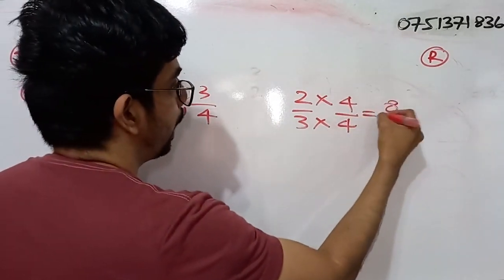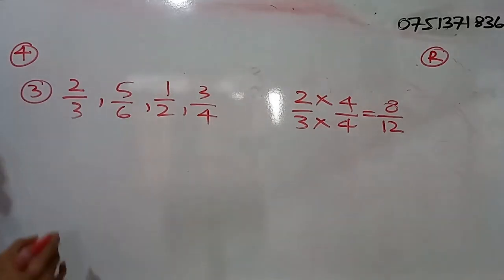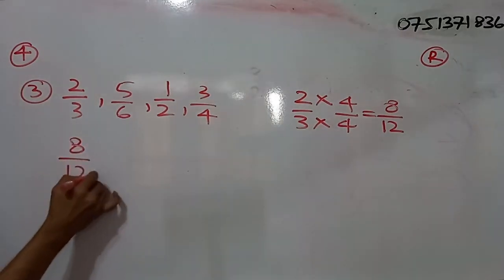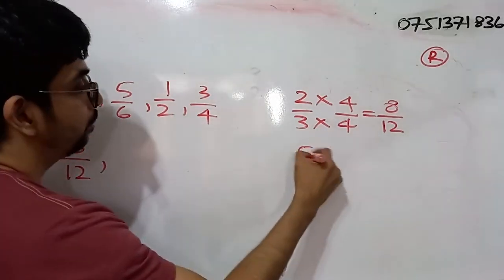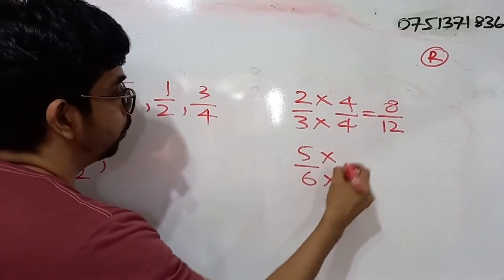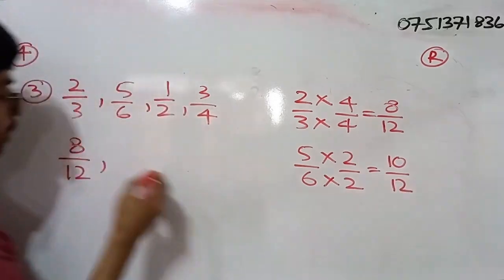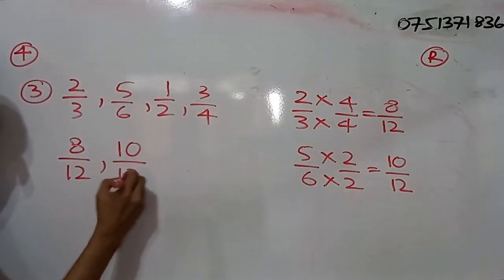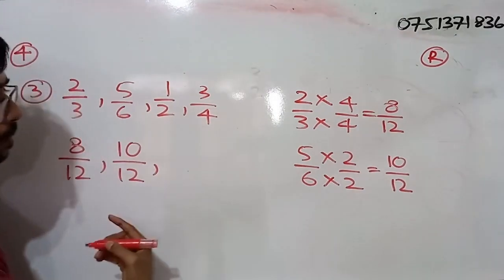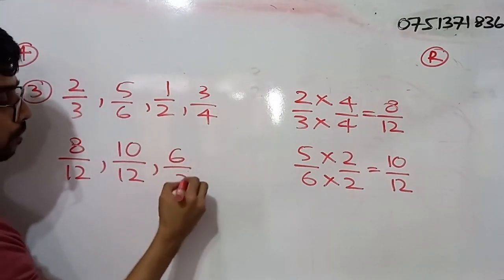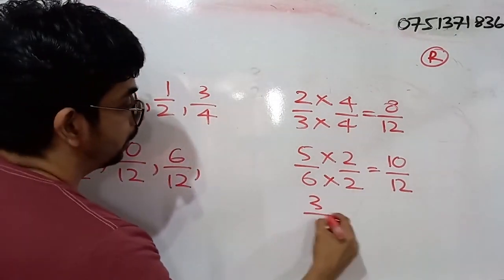So 2 by 3, I have to multiply the numerator and the denominator by 4. So 8 by 12, right? Then I have 5 by 6. So I will multiply the numerator and the denominator by 2. So I will get 10 by 12. Then half. Half means what? 6 by 12. Then I have 3 by 4.